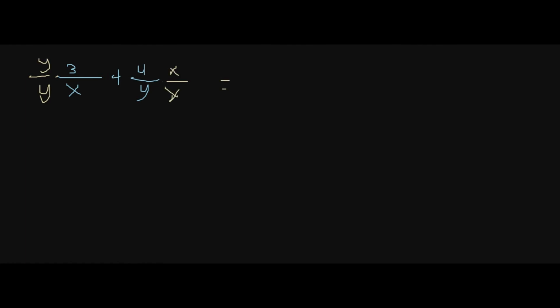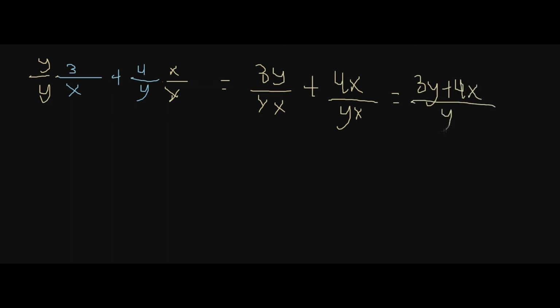So we're going to get 3y, I'm just rearranging it, divided by x times y, or we could write it as y times x, it's up to you, plus 4x divided by y times x. Last but not least, this is going to be 3y plus 4x, all divided by yx. Again, the denominator stays the same. So you can see that all we're doing is just trying to get like terms on the bottom.